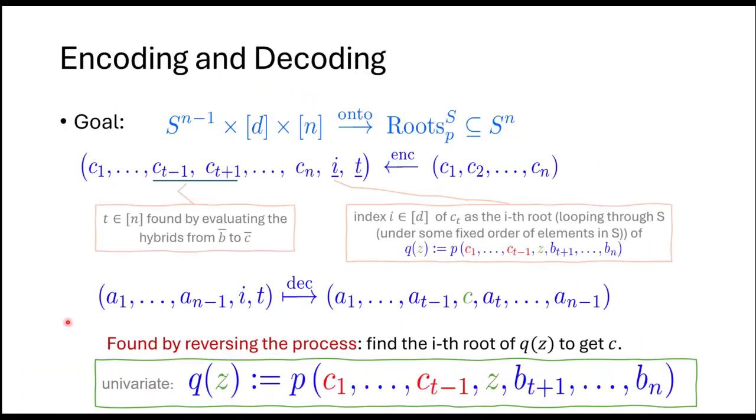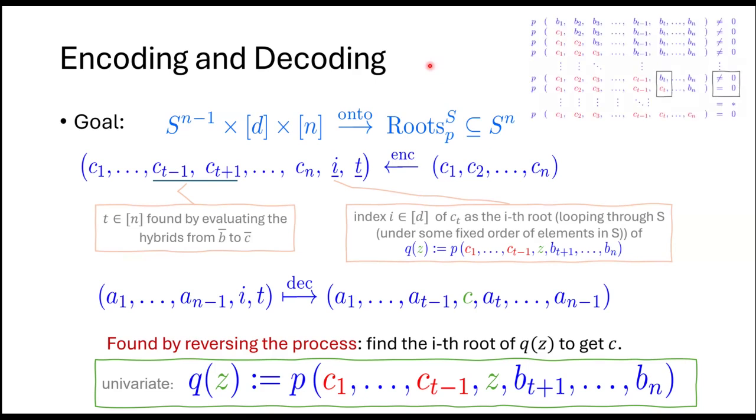Now, I put the hybrid here for convenience. So what happens is this: let's start from a root C1 to Cn. Assume it is a root, and of course we assume that B is a non-root. We do the hybrid and we find this T here.